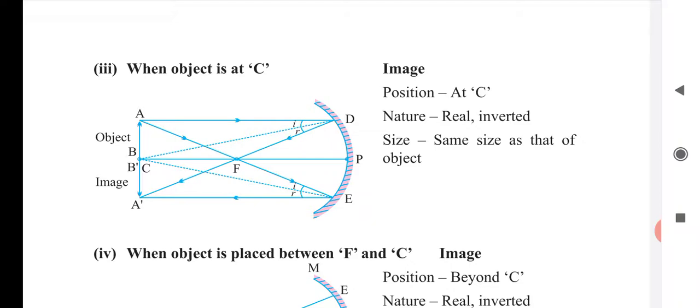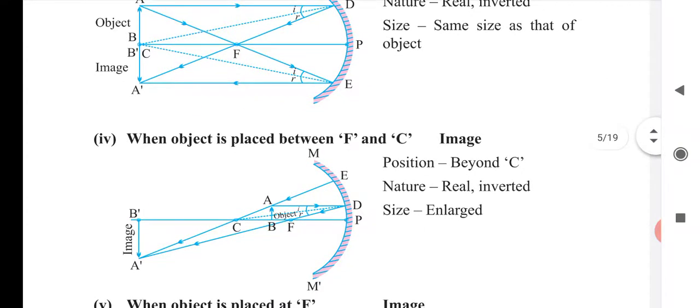Okay, so next is when the object is placed between focus and center of curvature. You can see one ray is passing parallel to the principal axis. Of course, if a ray passes parallel to the principal axis, after reflection it will pass through the focus, and one more ray they have taken through the center of curvature. When these two rays after reflection meet at one point, that kind of image we call a real image. In this diagram they are meeting at point A dash B dash.